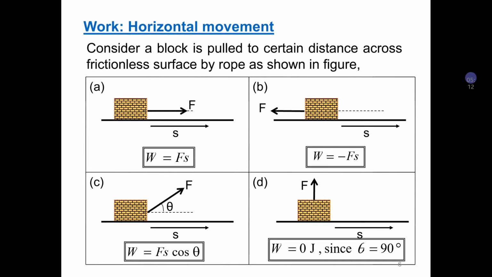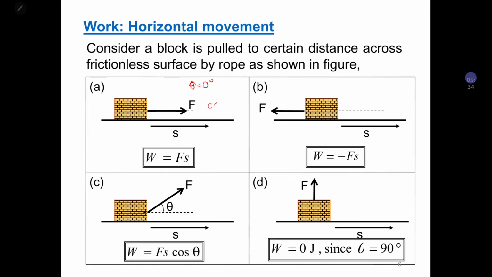Okay, so now if you look at the figure A, okay, so the direction of force and displacement adalah in parallel. Okay, so the angle between force and displacement adalah 0. So the theta is 0 degree.